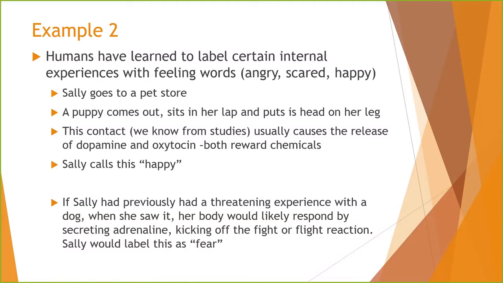Now, if Sally had previously had a threatening experience with a dog, it would be very different. When she saw it, her body would likely respond by secreting adrenaline, kicking off the fight or flight reaction, and she would say she was afraid. So we're talking again about neurochemical reactions that we've put labels on: happy, fear, anger.